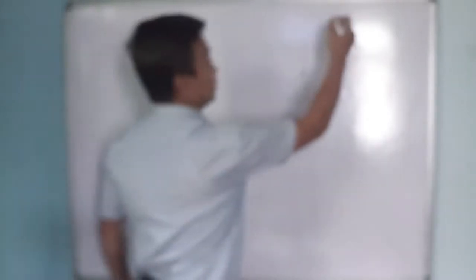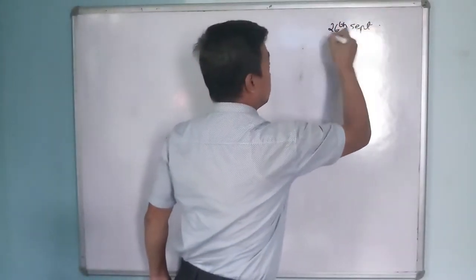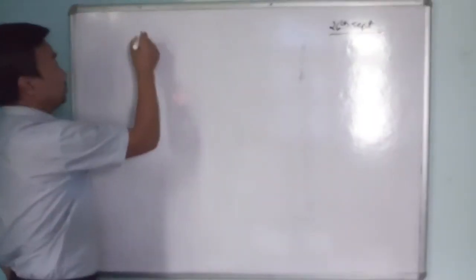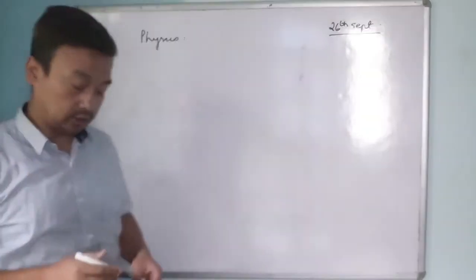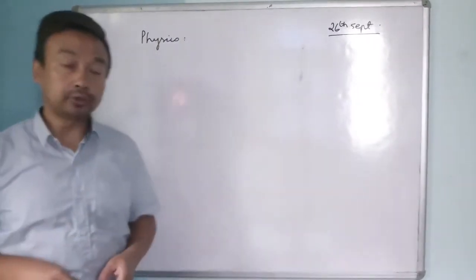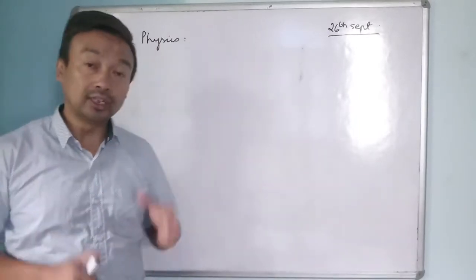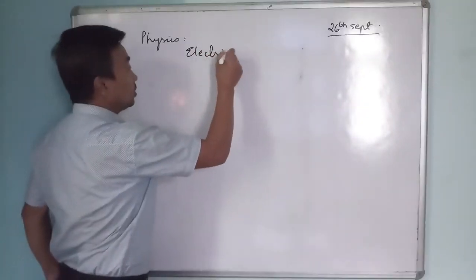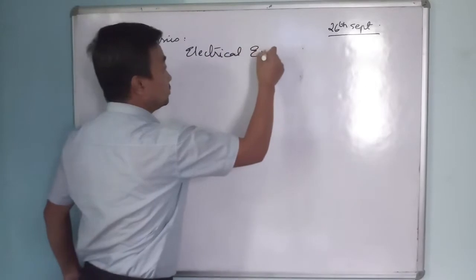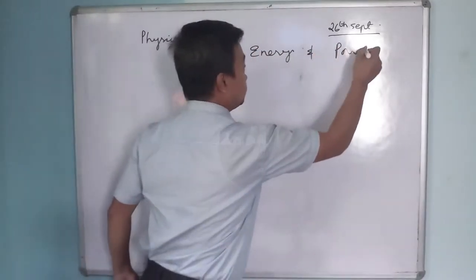Today is 26th of September and today we'll be doing physics. In physics we were discussing the chapter current electricity, and today we are going to do the last section from this chapter, that is electrical energy and electrical power.